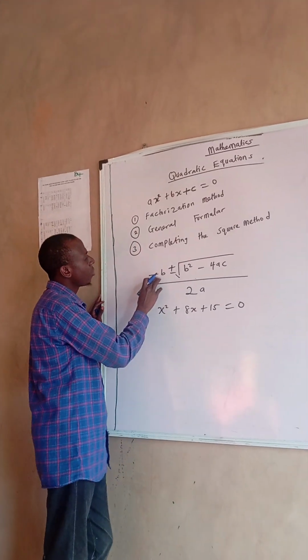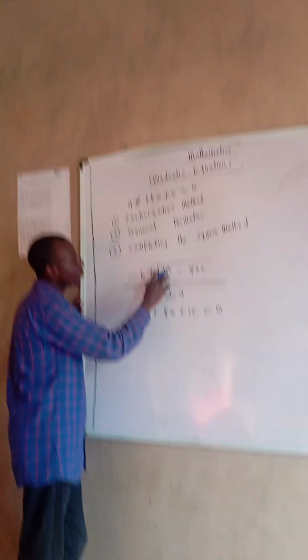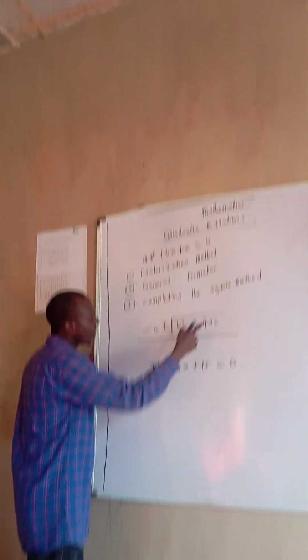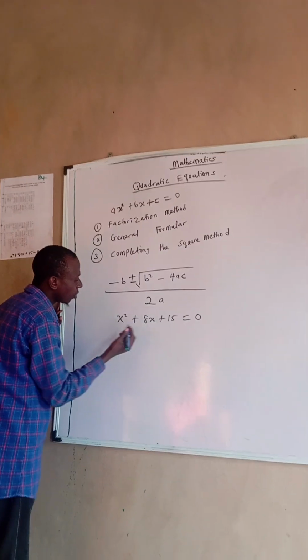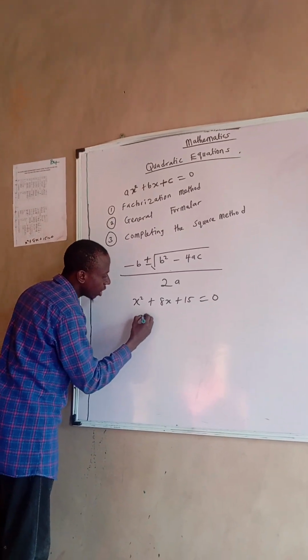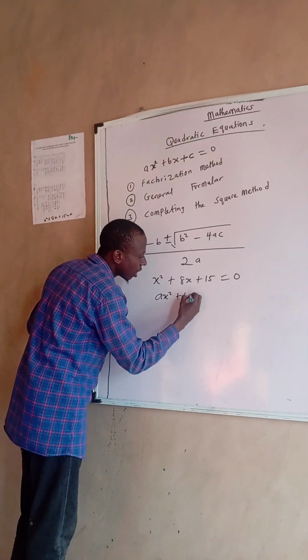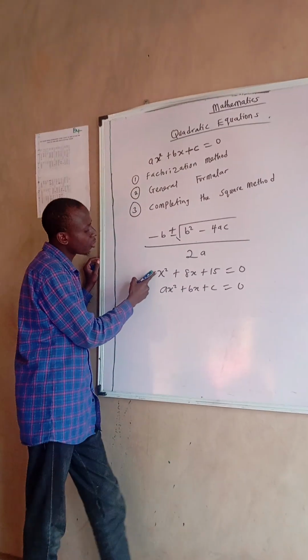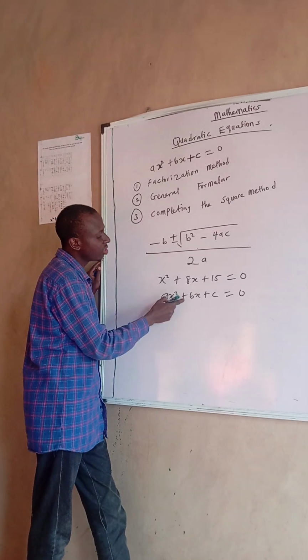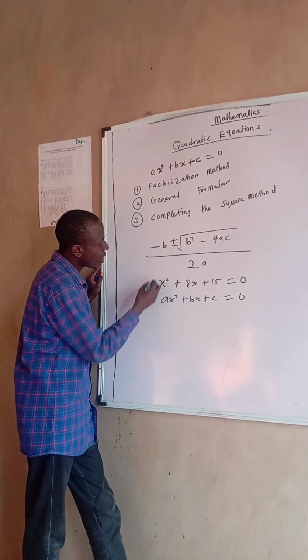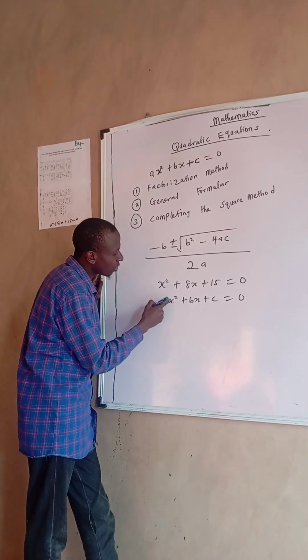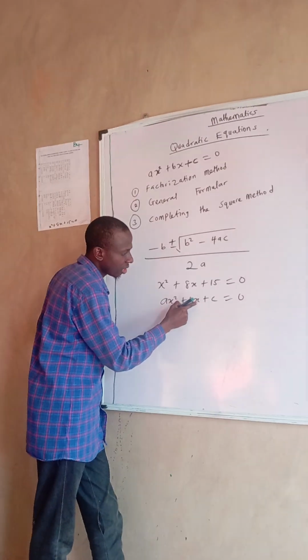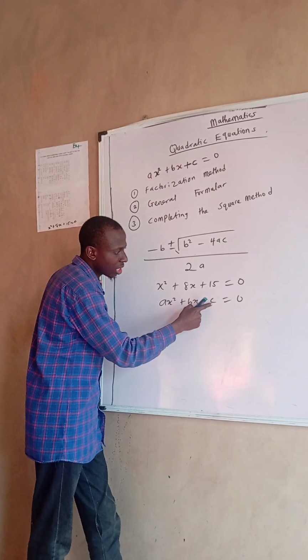Now, this is the general form of a quadratic equation: ax squared plus bx plus c equal to 0. If you compare this equation with the general form, we can see that a is the coefficient of x squared, b is the coefficient of x, and c is a constant number.